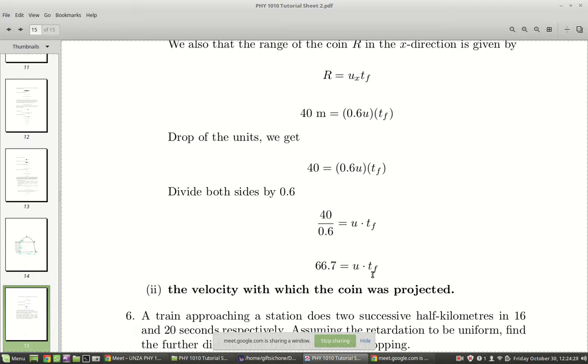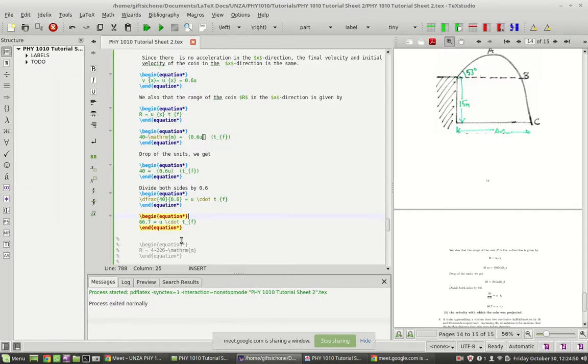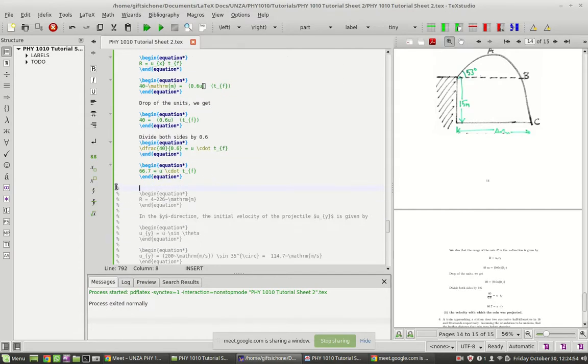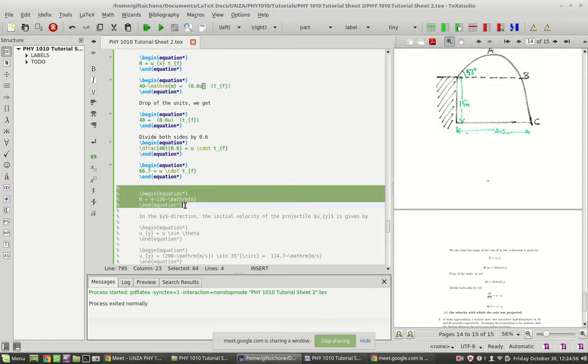We need to do something else to figure out what U is, so that if we can find U, then we can find TF, or whichever one we can find first. I don't think it's going to matter very much. Okay, so we change our approach, since that's the only thing we can do along the x-axis.